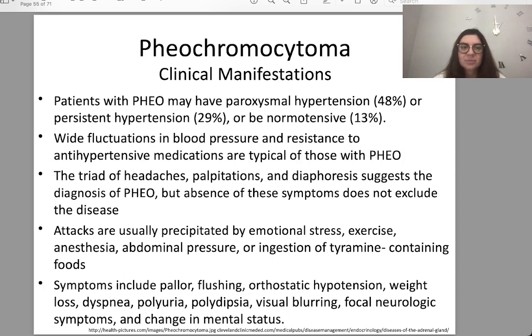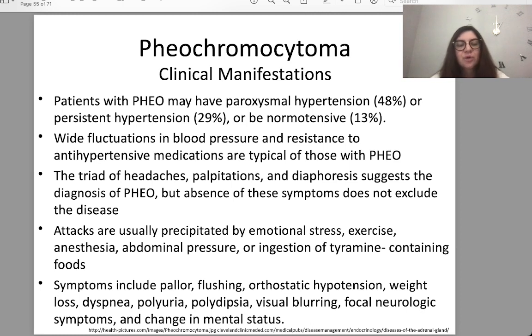Clinical manifestations. Patients with pheochromocytomas may have paroxysmal hypertension or persistent hypertension, or can be normotensive. Wide fluctuations in blood pressure and resistance to antihypertensive medications are typical of those with pheochromocytomas. The triad of headaches, palpitations, and diaphoresis suggests the diagnosis of pheochromocytoma, but absence of these symptoms does not exclude the diagnosis.